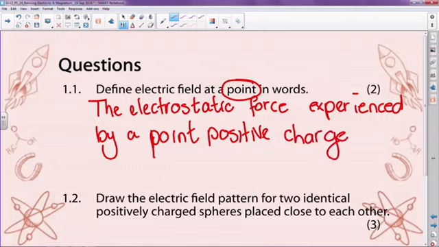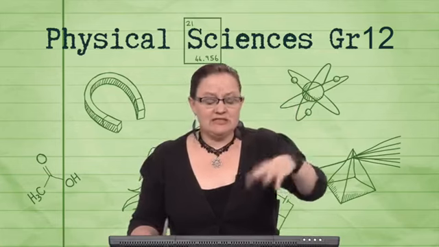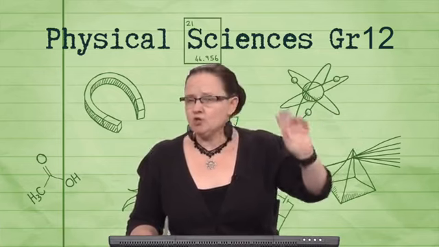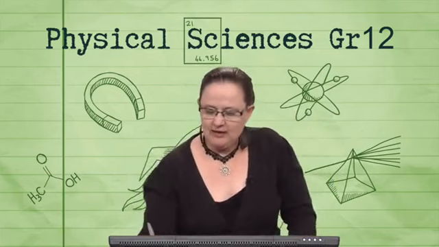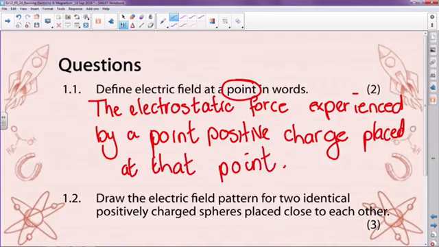But the reason we probably need to put it in there is because remember, the direction of an electric field is defined by the direction in which a positive charge will go. So we probably need to put it in there, placed at that point. Nice and simple. It's not the general definition of an electric field, but it's specifically for this. Guys, please, please learn your definitions. They're the easiest marks in your paper.